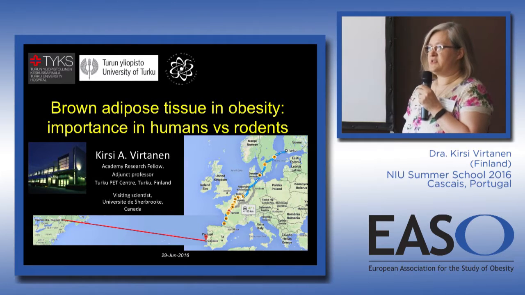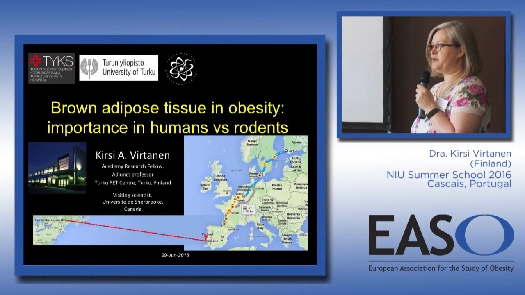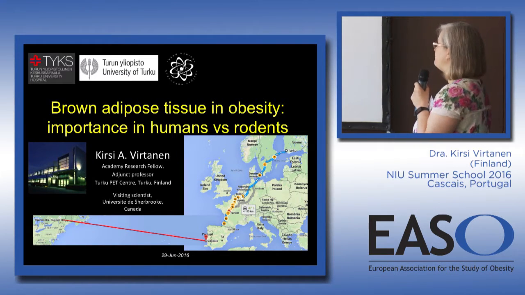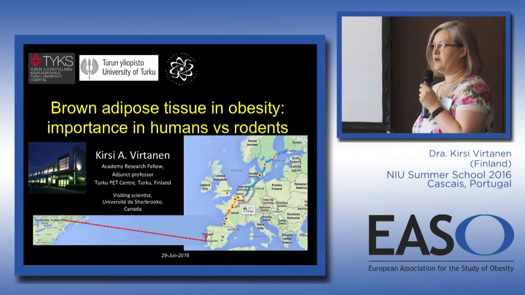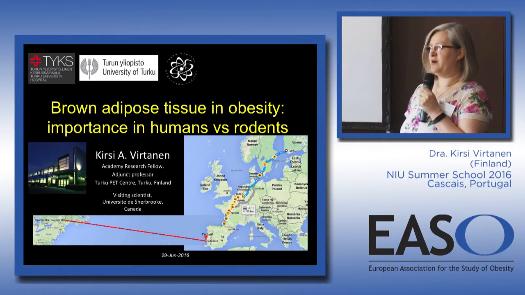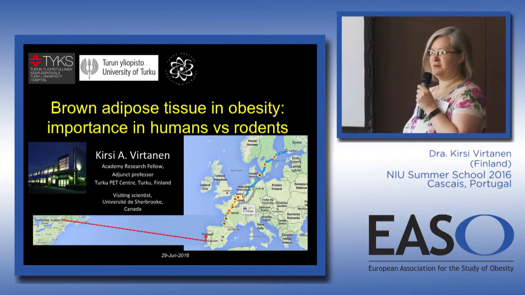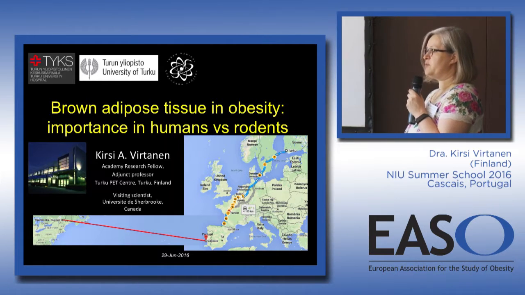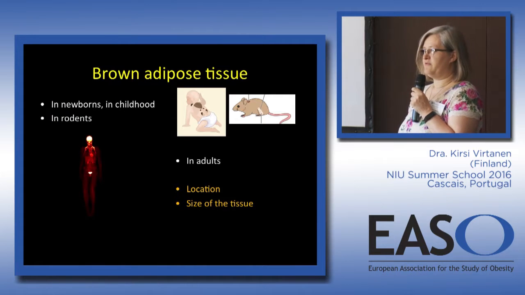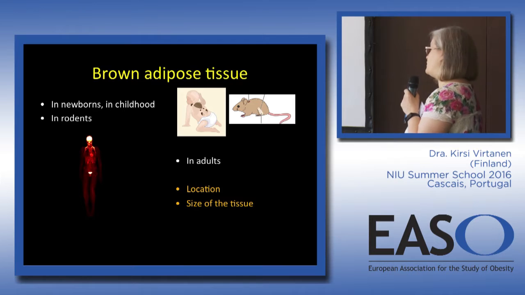About brown adipose tissue, as you heard in the previous presentation about the storage part in our body, this will concentrate on the dissipation part. There are a few points that I wish to make before I go to the effects of obesity in brown adipose tissue.